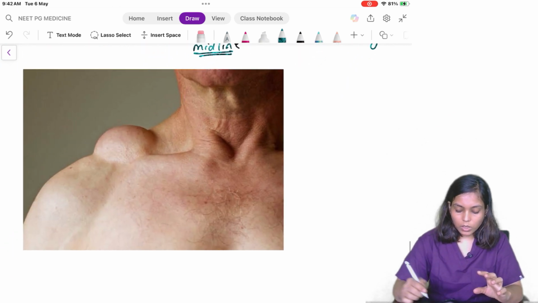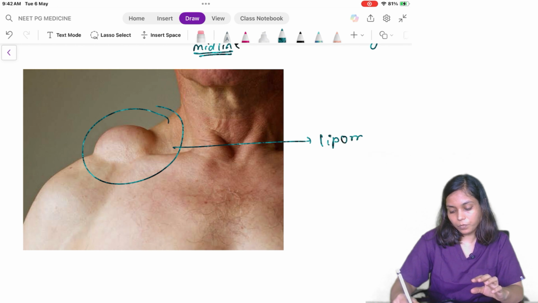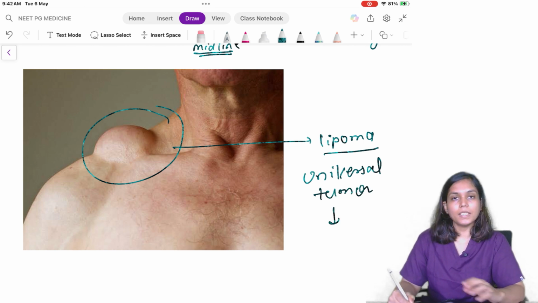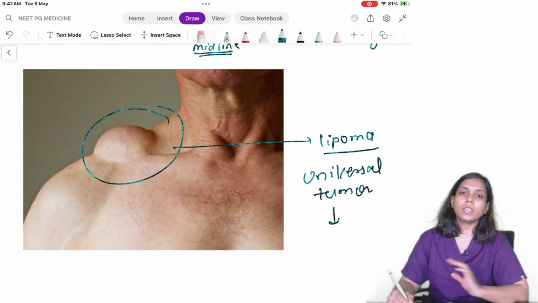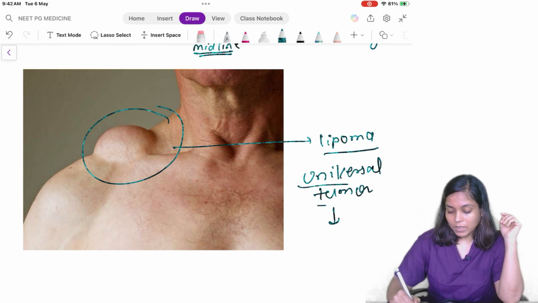Now this is your universal tumor, which is lipoma. Why is it called a universal tumor? Anybody? Because it can be present anywhere in the body. It can be present in your brain, in your gut, in your chest cavity, anywhere. So we call it a universal tumor.